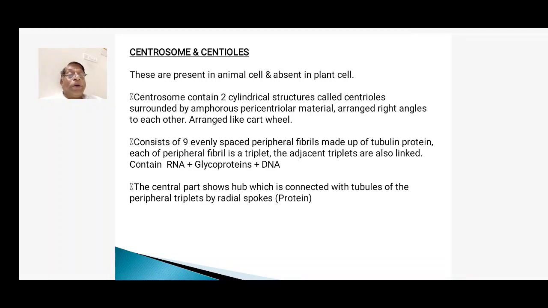The centrosome contains RNA, glycoproteins, and even DNA. This is the most important point for NEET or CET examination.